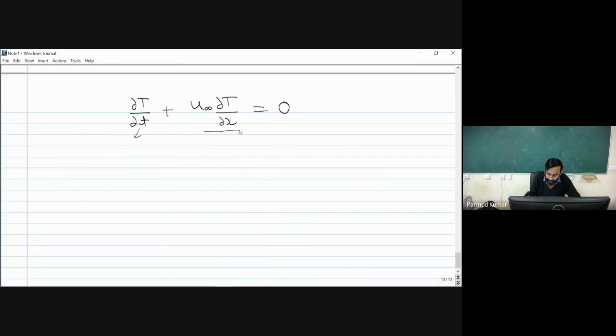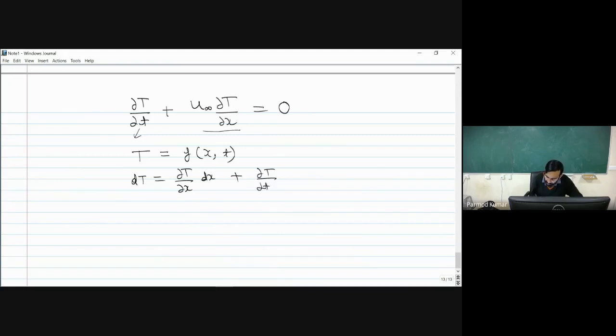So I can say, after looking into this equation, that in this particular equation, temperature is a function of x comma t. If temperature is a function of x comma t, I can say dT will be equal to del T by del x times dx plus del T by del t times dt.